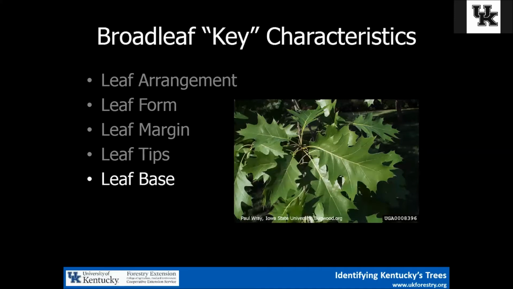Those are the main things that we'll look at this evening, but we're really going to focus on leaf arrangement, leaf form, and leaf margin as we go through the tool that we're going to use.